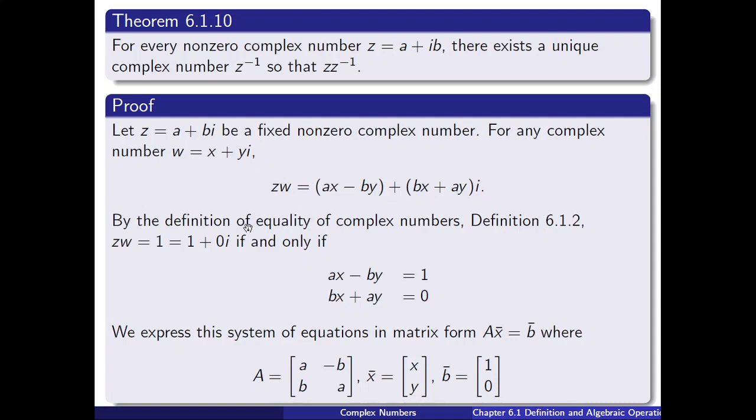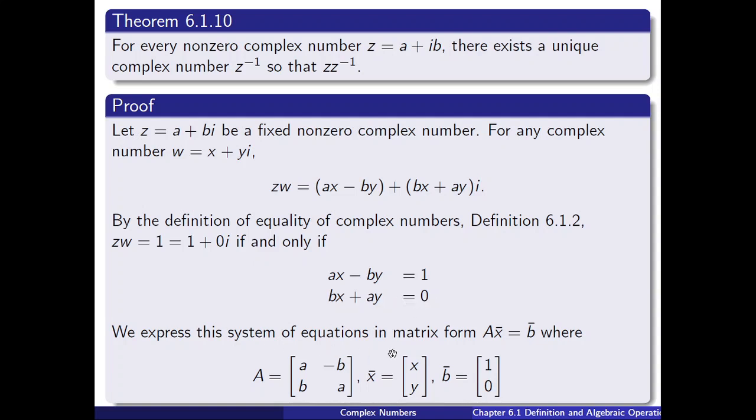And then by the definition of equality of complex numbers, which is definition 6.1.2, zw will be equal to 1, which can be written as 1 plus 0i, if and only if the real part, which is ax minus by, is equal to 1, and then the imaginary part, which is bx plus ay, is equal to 0.